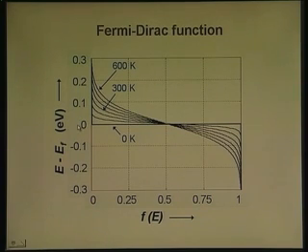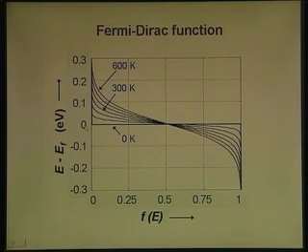If you note carefully, the y-axis is E minus EF and not E. That is, we are plotting the energy with reference to the Fermi level and not the absolute energy. So when you take E minus EF on the y-axis, then any variations in EF need not be shown on the graph.